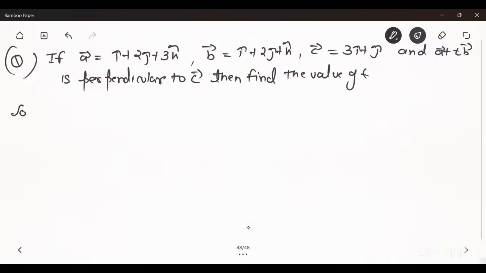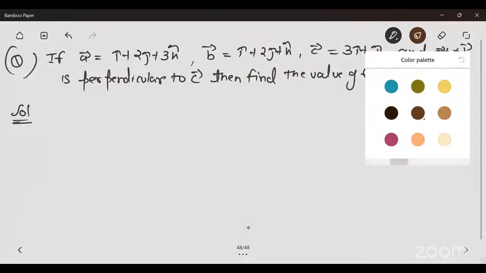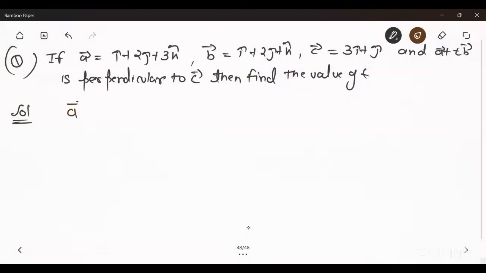So firstly find the value of A vector plus t times B vector. A vector plus t times B vector is equal to i plus 2j plus 3k plus t times B vector, that means i plus 2j plus k.